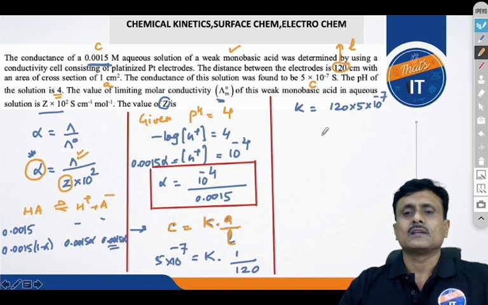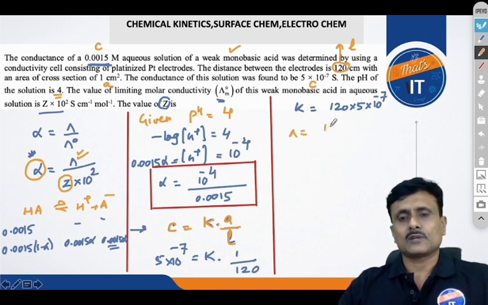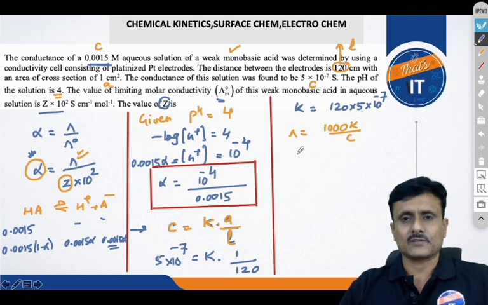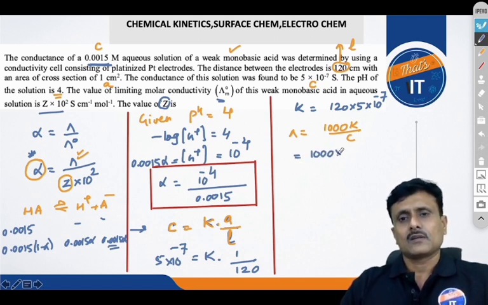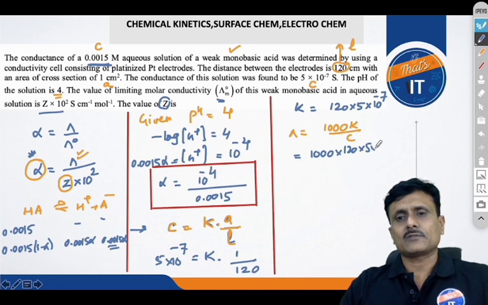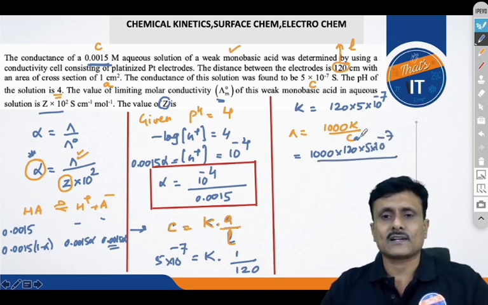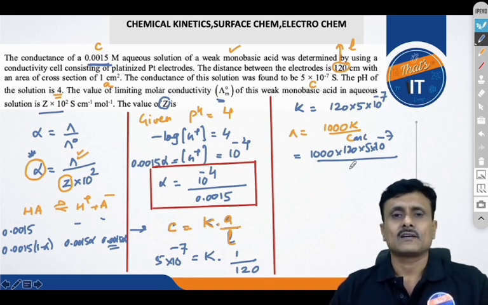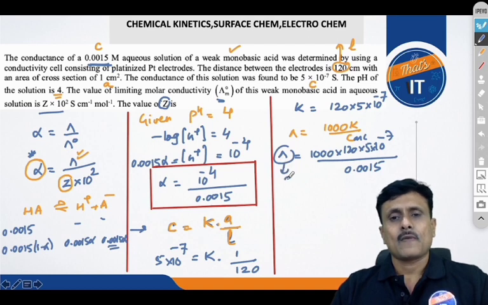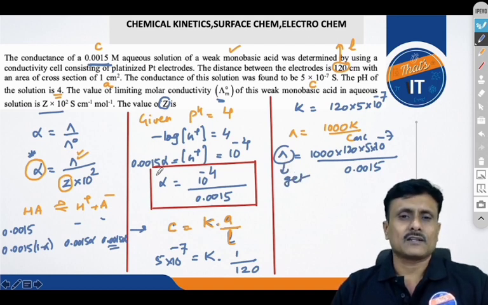As we all know that the conductance equal to 1000 into K upon the concentration. When you substitute the values here, 1000 into 120 into 5 into 10 to the power minus 7 upon the concentration of, this is not conductance, this is concentration, right? 0.0015. So you got the value of the lambda as well as you got the value of alpha.